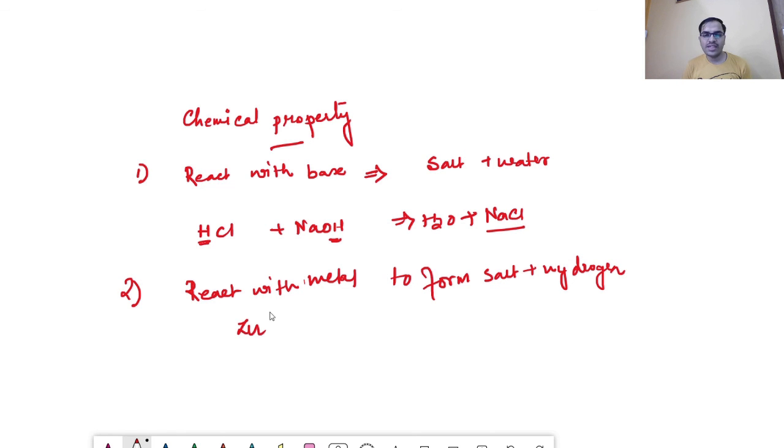I'm taking the example of zinc as a metal. It will react with HCl. It will form zinc chloride, and H2 will be liberated. So it's a general rule that whenever a metal reacts with an acid, it will always liberate hydrogen gas. You might be asked a question: when a metal reacts with an acid, what gas is liberated? Options will be given: oxygen, hydrogen, chlorine, carbon dioxide.